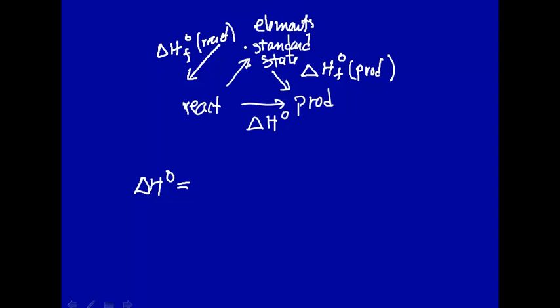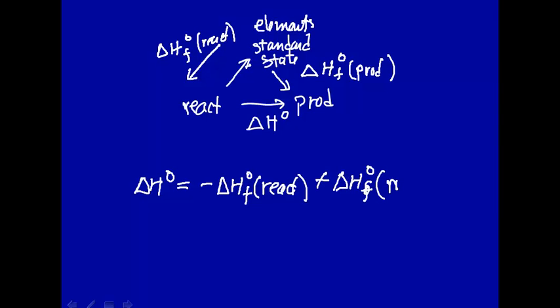Remember, when you reverse the direction of a reaction, you reverse the sign of delta H. So this will be minus delta H, the standard enthalpy of formation of the reactants, plus, going from there to there, the standard enthalpy of formation of the products.